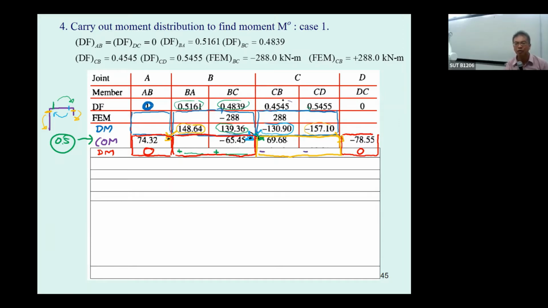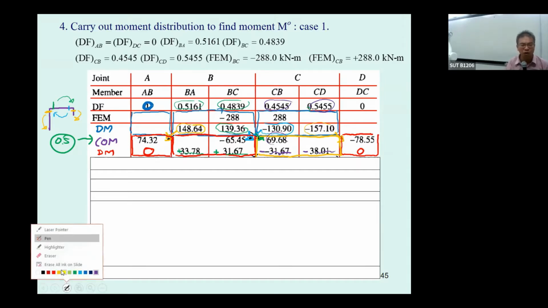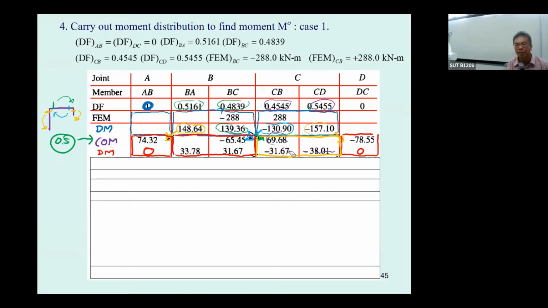You multiply this one by this one, you get this value, and this one by this one, you get this value. Just put things in the calculator and do careful calculation to get the answer. These two positive, these two negative, to balance everything.